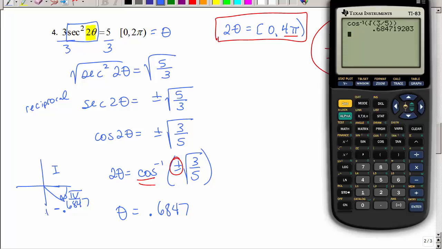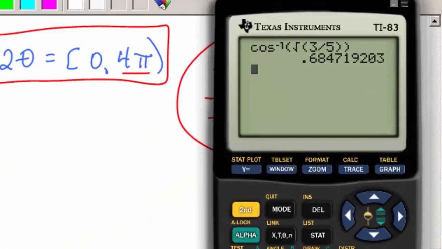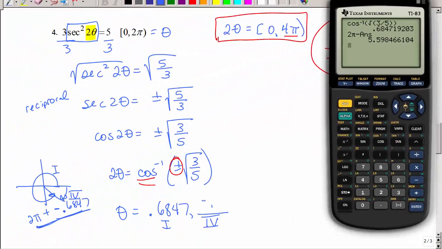So I could add 2 pi to that to go all the way around. Lots of different ways. So here's quadrant 1. I want quadrant 4, so I'm going to say 2 pi minus my answer. 2 pi minus 0.6847, and I'm going to get 5.598. Okay, I'm going to take care of the other answers here in just a minute.